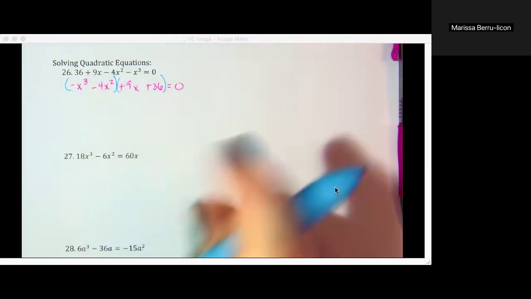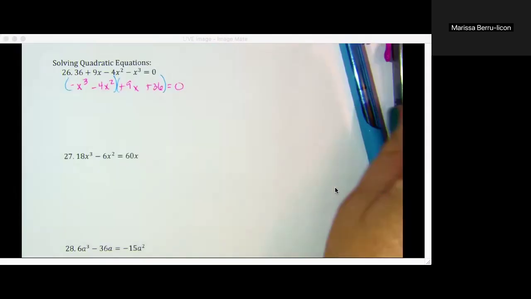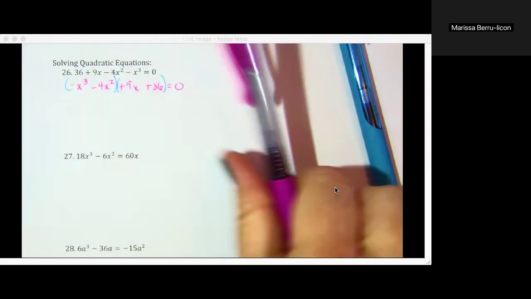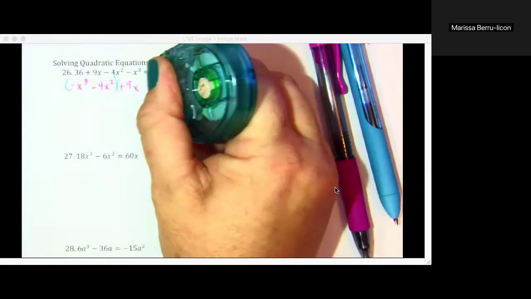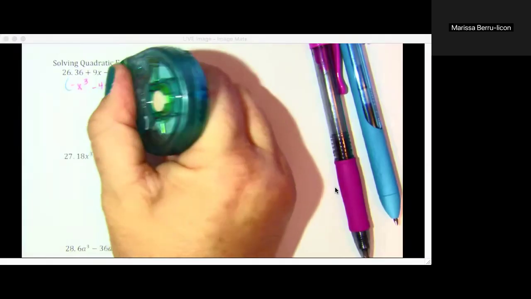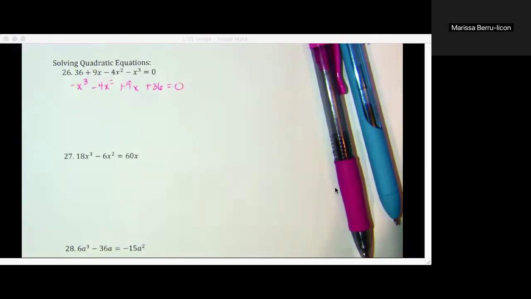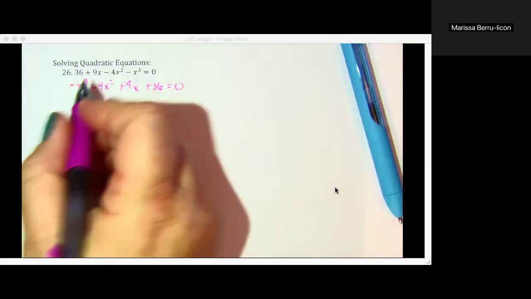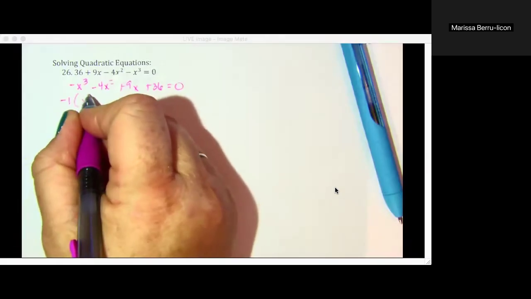And you know what? Before I actually do that step, I notice that I can actually pull out a GCF. So let me go ahead and get rid of those parentheses here real quick. And we're going to factor out a common factor of -1, because I'd also like my leading term to be positive.